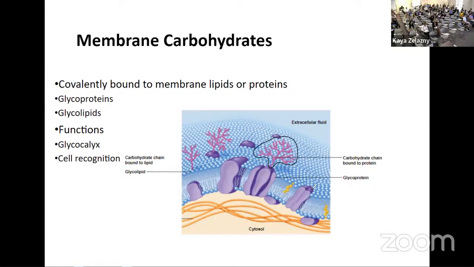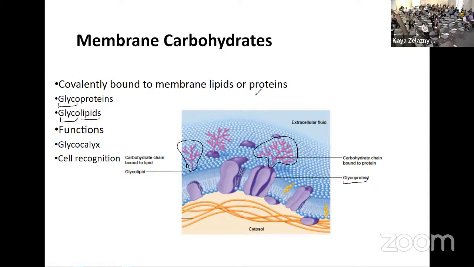This one is holding on to a protein, so that makes it a glycoprotein. The glyco tells you that this has a carbohydrate piece, and protein tells you it's bound to a protein. We also have glycolipids. Here you see one just stuck onto a phospholipid. So a glycolipid is a carbohydrate stuck onto a lipid.